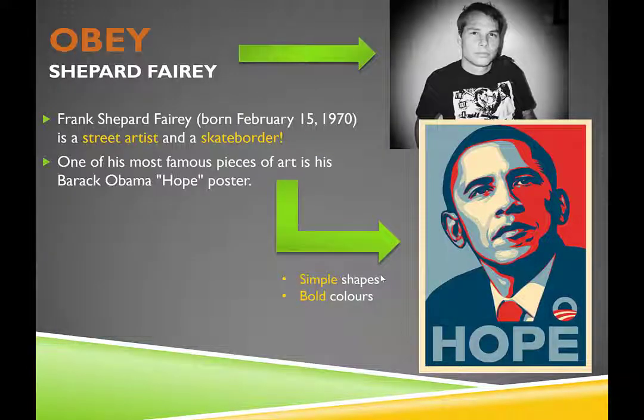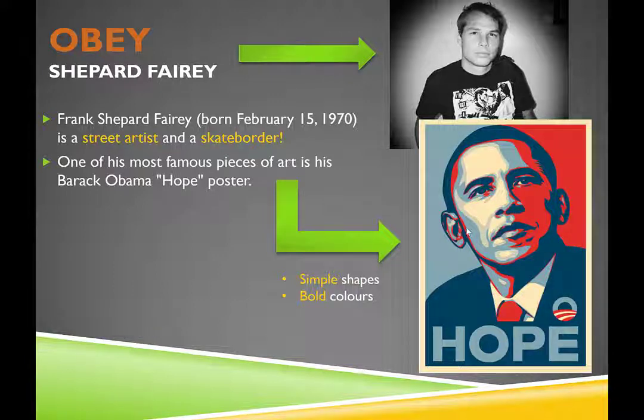So this is a pop artist called Obey, and this is a picture of him up here in the top right hand corner, and he's a street artist and a skateboarder. And if you look below here, this is one of his most famous pieces of art, and it's of an old American president called Barack Obama.